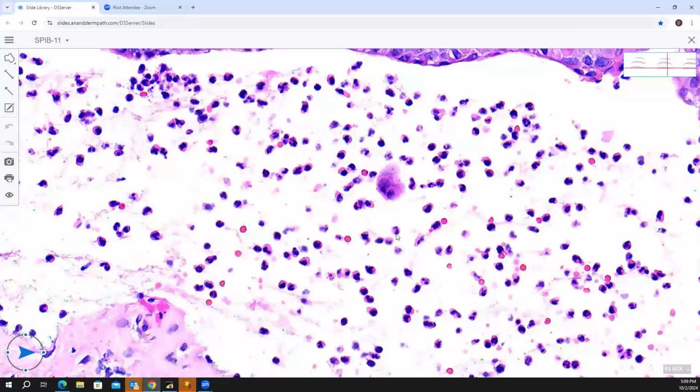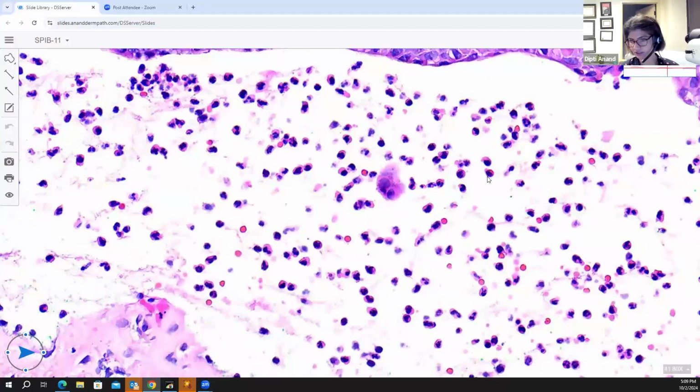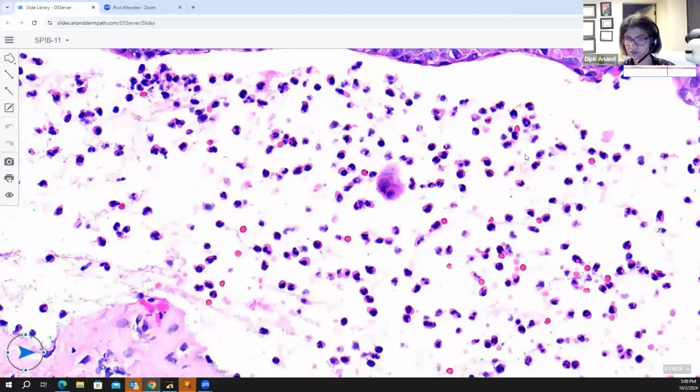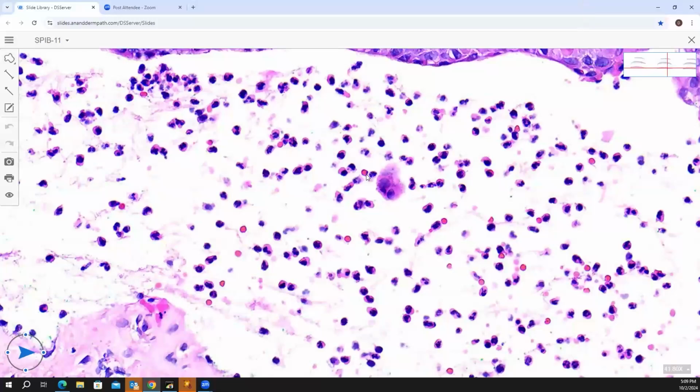Okay. Let me see if I can see. This is a red blood cell. I'm trying to see if I can see an eosinophil in here. Like right in the center, you see that little baby EO? Up a little bit next to that. Yep, right there. That's a red blood cell. Okay.